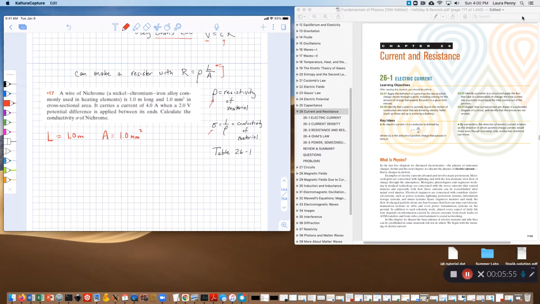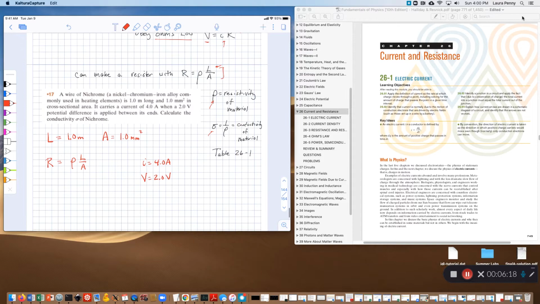Again, our R would be rho L over A. And then it tells us that there's going to be a current of 4 amps when we have a potential difference, a voltage drop, of 2 volts.